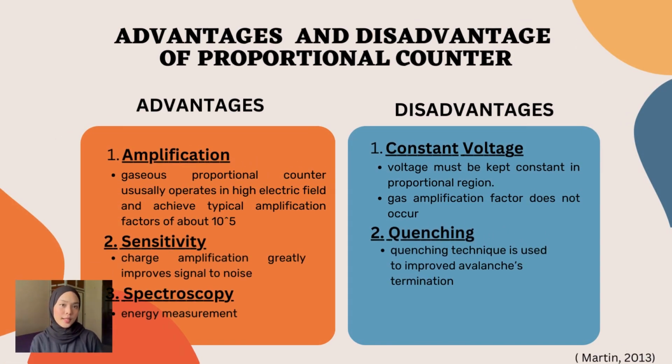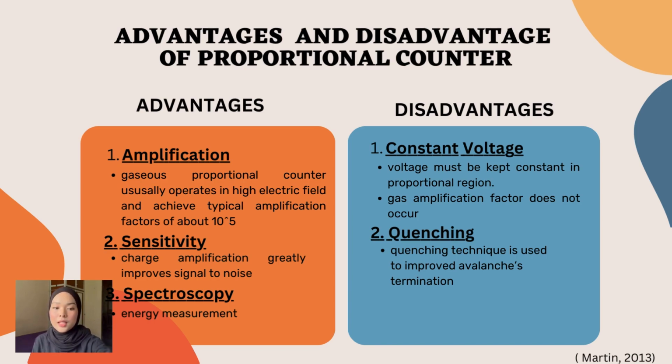Next one is proportional counter. So the first advantage is amplification. Gaseous proportional counters usually operate in high electric field that achieves typical amplification factors of about 10 to the power of 5. And the next advantage is sensitivity. The process of amplification greatly improves the signal to noise ratio of the detector.